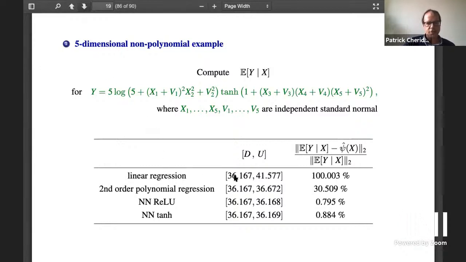So again, the linear regression is not doing well here. So the relative error is 100%. The second order polynomial regression is better, but it's still giving you a relative error of 30%. And the two neural networks, if you choose them large enough, and if you train them well, give you good results. Okay, so with both, we achieve a relative error of 1% here.